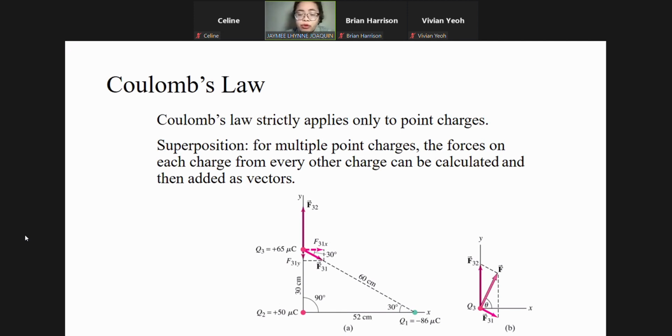For superposition, there are multiple point charges existing. So the forces for the superposition principle vary for every other charge and can be calculated, and the vectors would be added along the process.